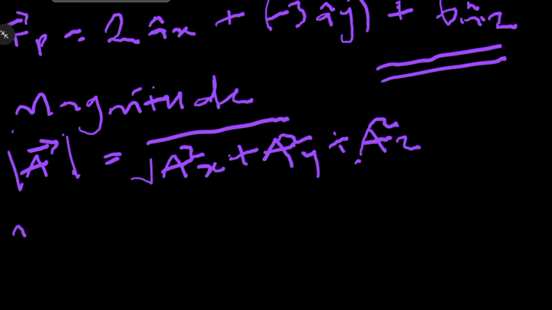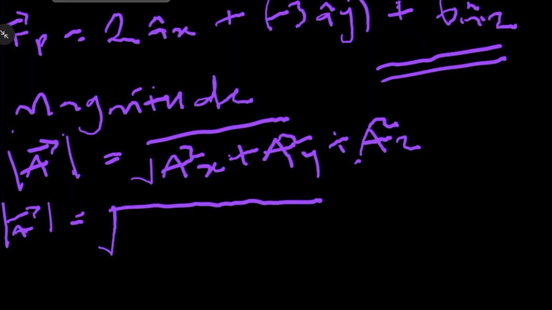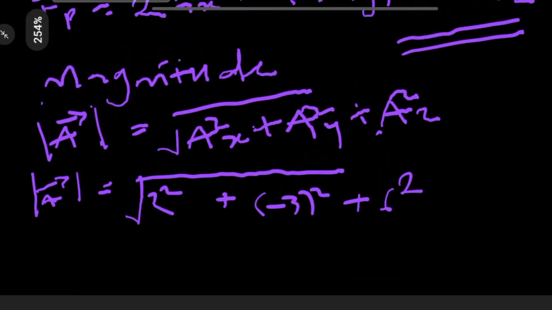So our magnitude is our ax, which is 2, don't forget the square, plus our ay, which is negative 3 squared, plus our az, which is 6 squared.